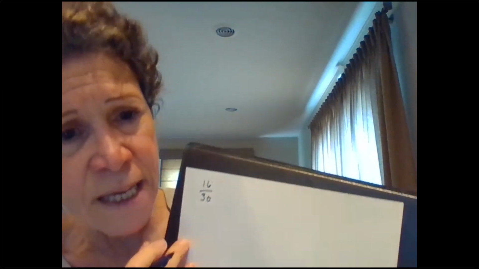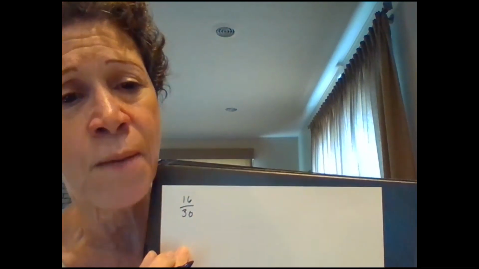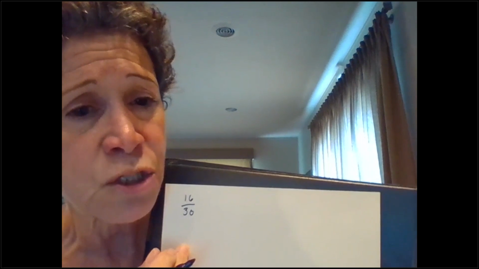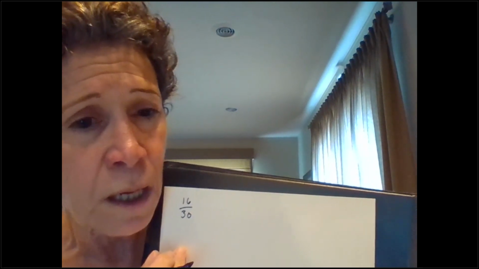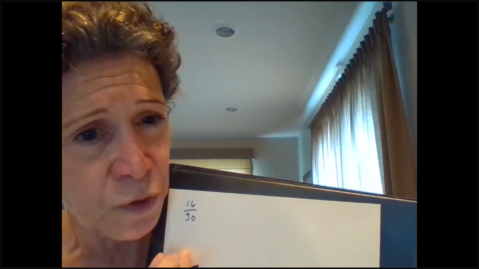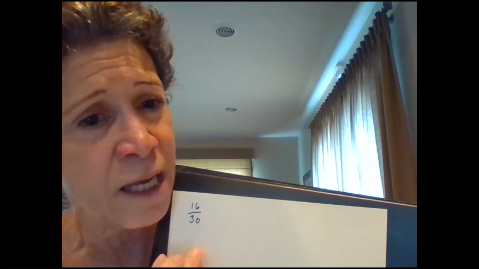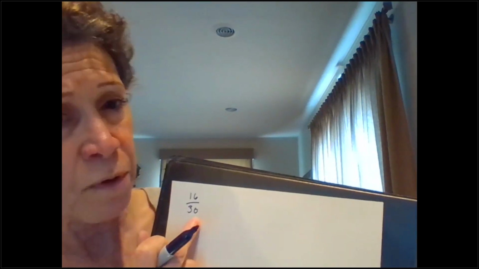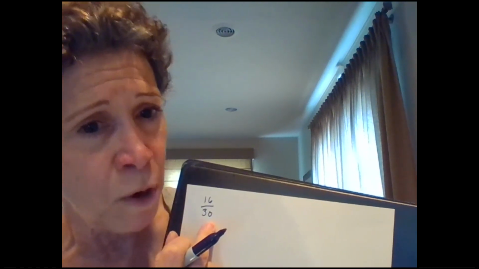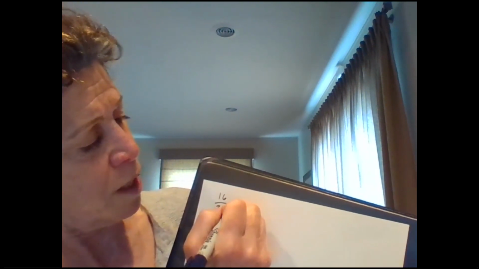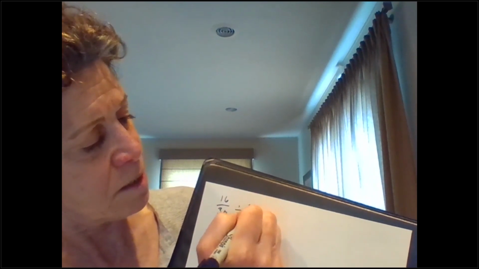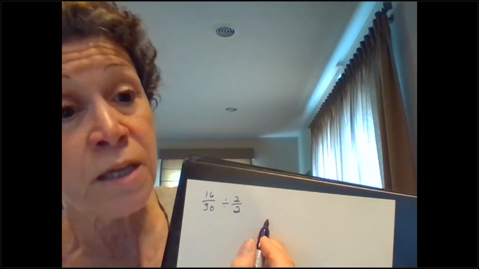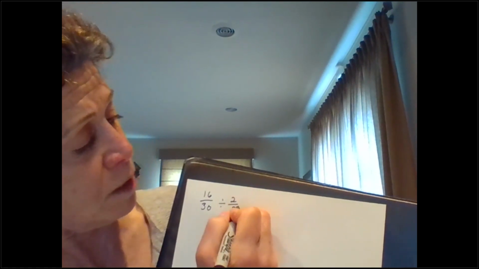So I can do greatest common factor. So I'm going to start with divisibility rules first. And I'm going to think to myself, I know that 6 is an even number and 0 is an even number. So I know that I can divide both of those numbers by 2. And I'm going to see what that does, if it makes it small enough, or at least it makes it smaller so that I can do greatest common factor more easily.